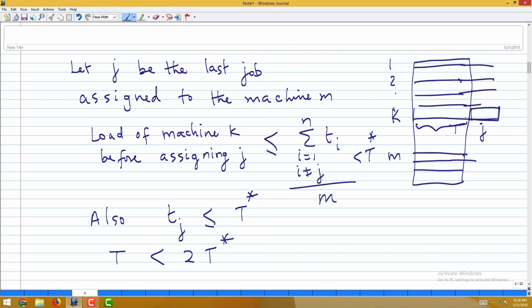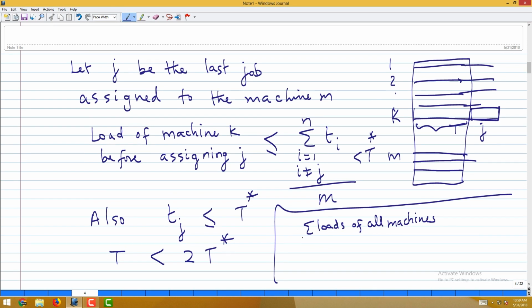Okay, let me put this slightly differently. The sum of the loads of all machines before the job j was assigned is greater than or equal to the load of K times m, because this is the least.